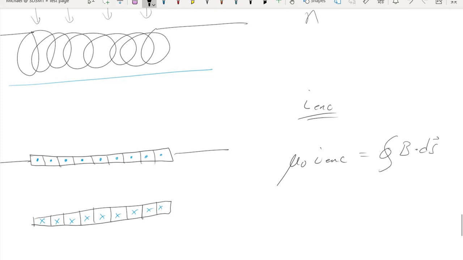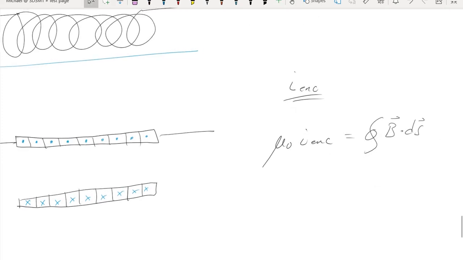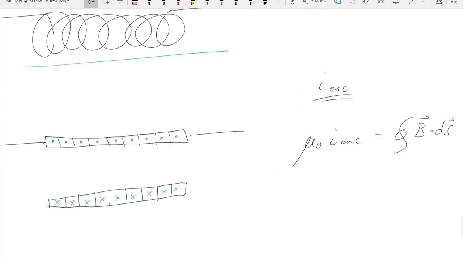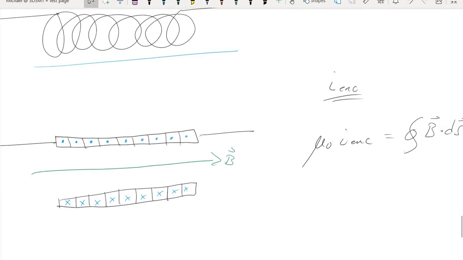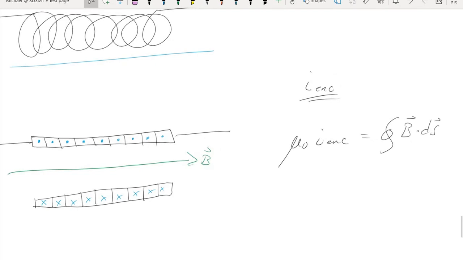We'll set up Ampere's law, and the location where we want to measure our magnetic field is going to be right through the center of this solenoid. So this is where we want to measure the magnetic field. There's two things that we need to do at this point.